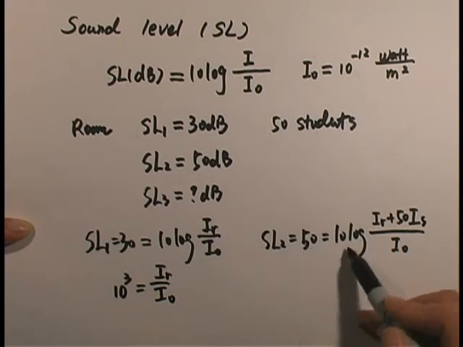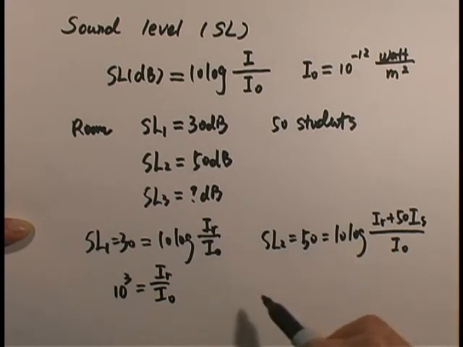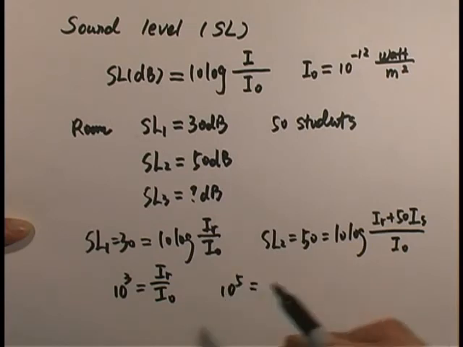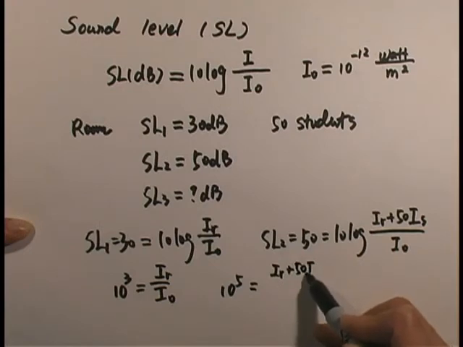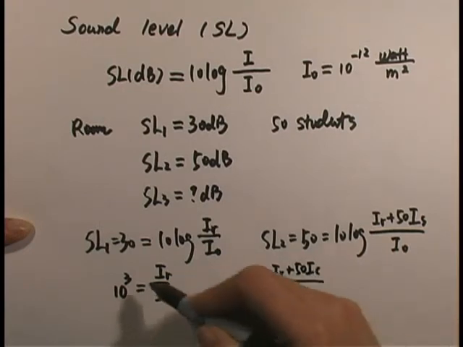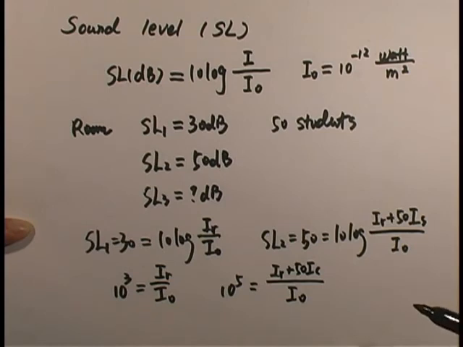And for the other one, dividing both sides by 10, you get 5, and 10 to the 5 equals I of the room plus 50 I of a student, over I naught. So actually we can take the ratio of these equations to solve for I of S.